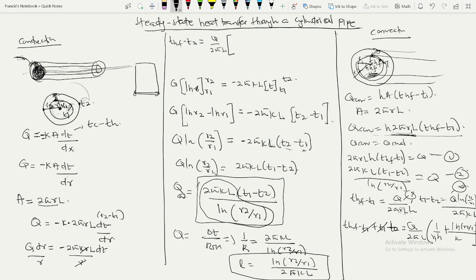So here is R1, and our h here becomes the h of the hot fluid, the hot fluid inside the pipe. So we have 1 over h_HF R1 plus ln R2 over R1 all over K.